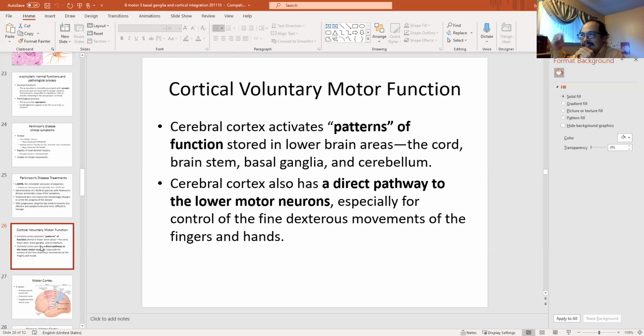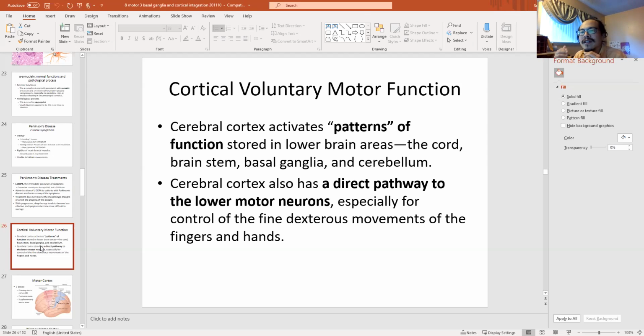We know that when you stimulate one motor area, you get a sequence of movements. So it gives the idea that the cortical region says, for example, drinking water, and then you go drink water. That's the motor cortex.